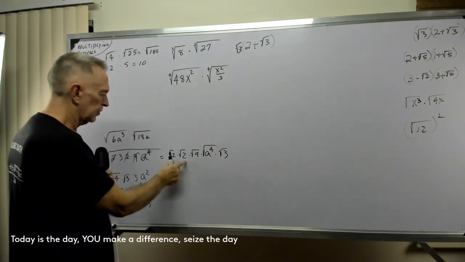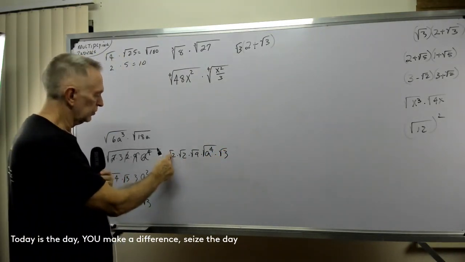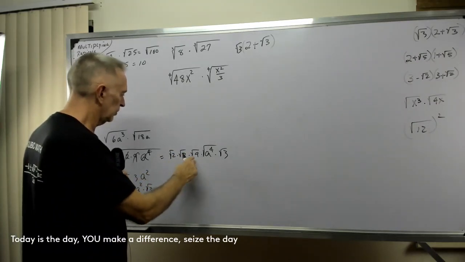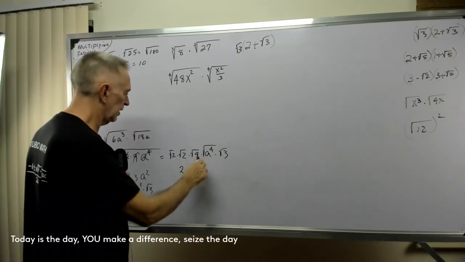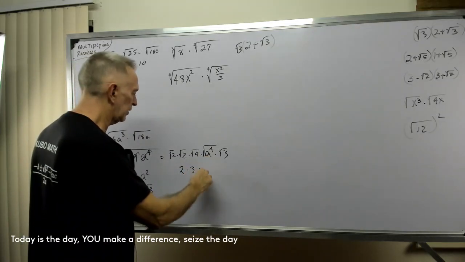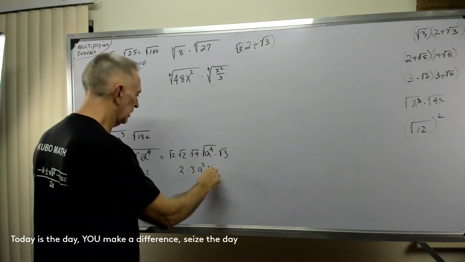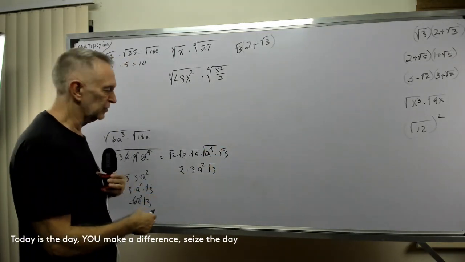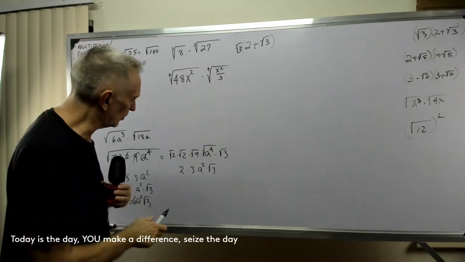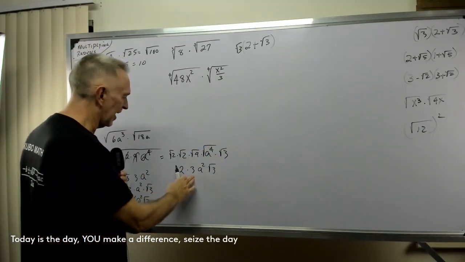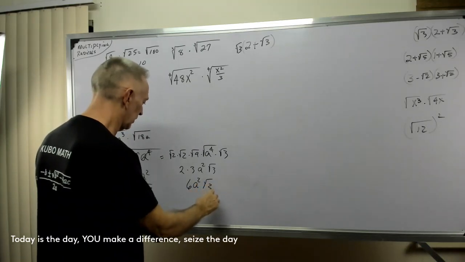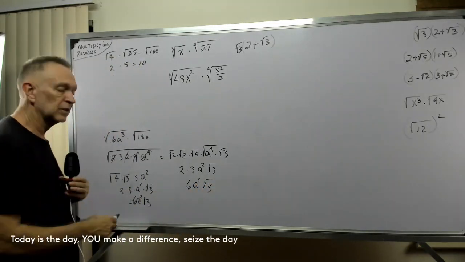So remember the radical sign times the radical, square root times the square root, those drop. So that's 2. Square root of 9 is 3. Square root of a to the 4th is a squared, and the square root of 3 is still square root of 3 because I don't know what that is. Actually, it's 1.73, but that's okay. All right, 2 times 3 is 6, a squared square root 3. So there's different ways to go about this.